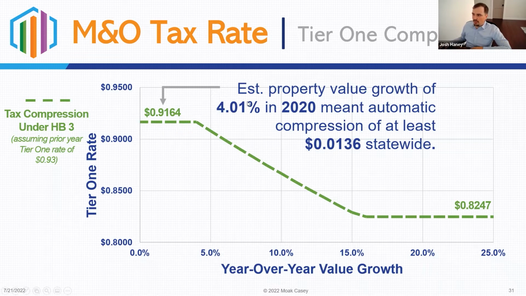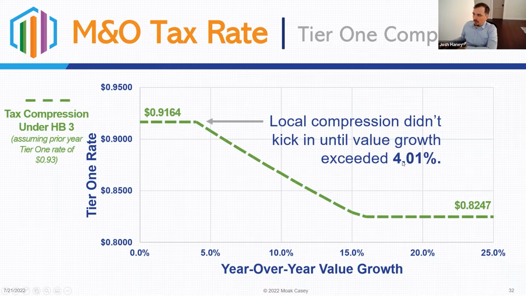Once you grew by more than 4.01%, again, that was the state estimate, so once you exceeded the state estimate, then you started seeing additional compression. You slid down this diagonal line, depending on where you were. So if you were at, let's call this 12% year-over-year growth, you may have been at 85 for your tier 1 rate.